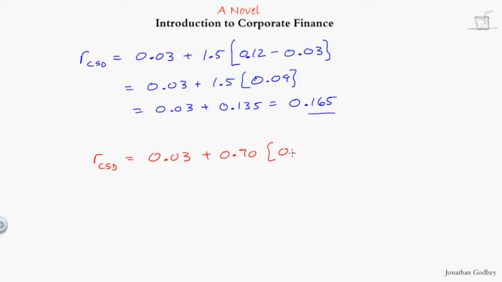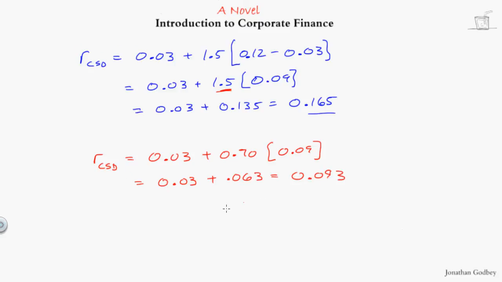So if that's the case, Caspian Sea drinks is not as risky as the market. It's relatively safe. So if the beta was 1.5, it's relatively risky. If the beta is 0.7, it's relatively safe. And I can go through and do the math. 7 times 9 is 63. So this would be 0.063. And I would need to have a return of 9.3% in order to invest in Caspian Sea drinks.